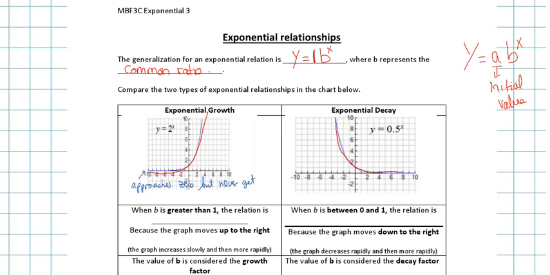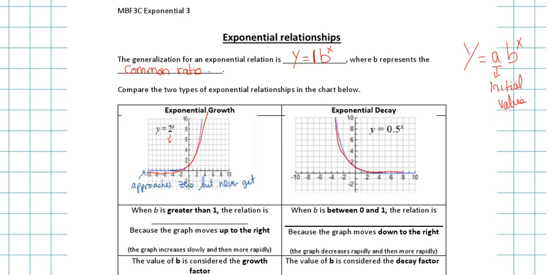Now, what makes them growth or decay is the base. That common ratio is what makes them an exponential growth or an exponential decay. If the base is greater than 1, so any value greater than 1, then you're going to have an exponential growth.